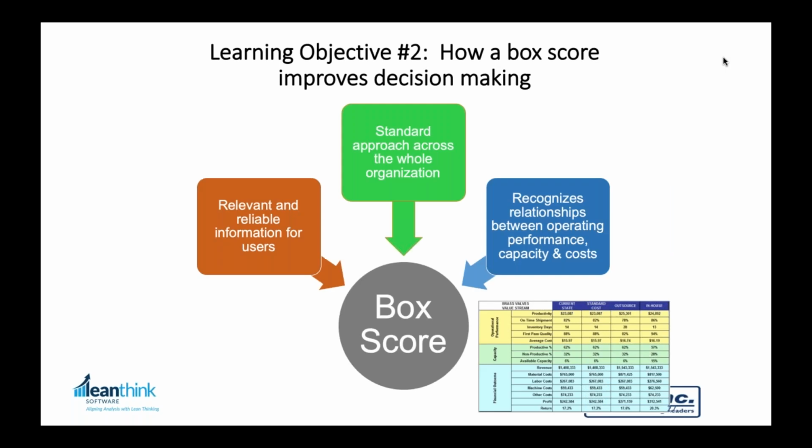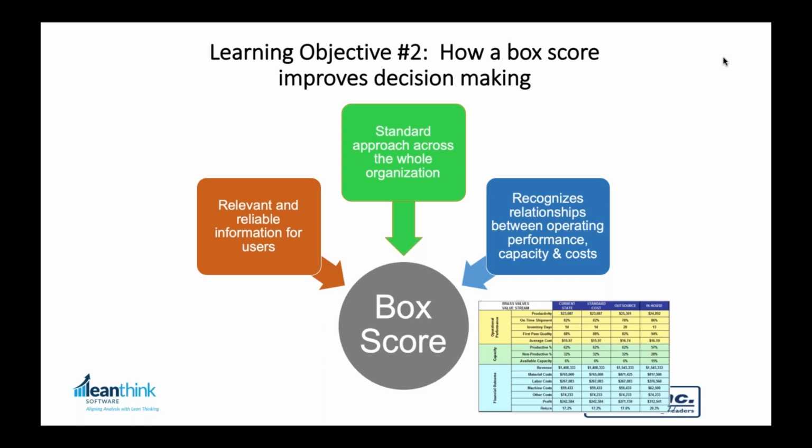How does a box score improve decision making? It gives us relevant, reliable information for users. It creates standardized work across the whole organization. As I mentioned earlier, box scores are not just used in operations. They can be used by senior leaders, by sales and marketing, and by finance.